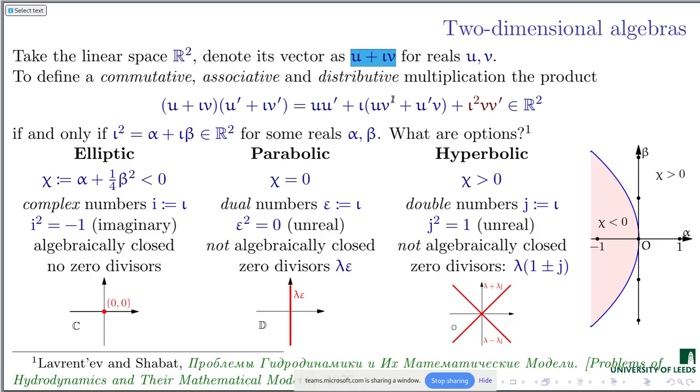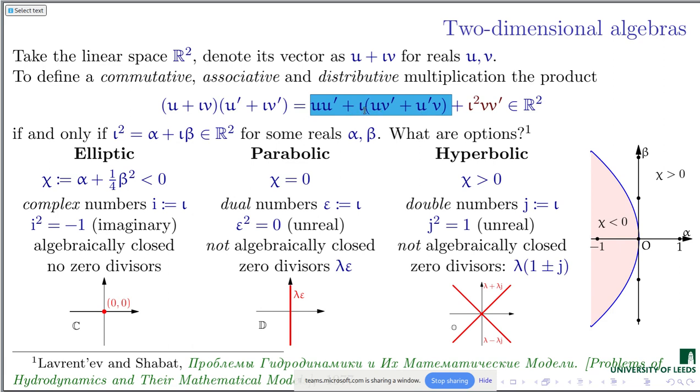An element of this two-dimensional vector space we may denote as u plus iota v, with u and v real numbers. Iota is just kept as a separator between the two real components of the vector. When we build the algebra, opening the product of two such vectors by associativity, commutativity, distributivity leads to two natural terms: one is just a product of real numbers, and here we have iota times a certain expression of real numbers.